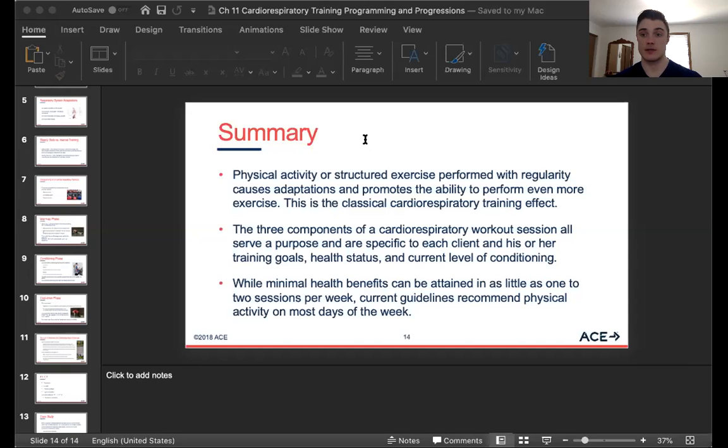Very good place to start with sedentary individuals or individuals that don't have a lot of experience because their body is not used to the strain of more intense workout strategies, I guess you'd say. So yeah, we'll move forward.